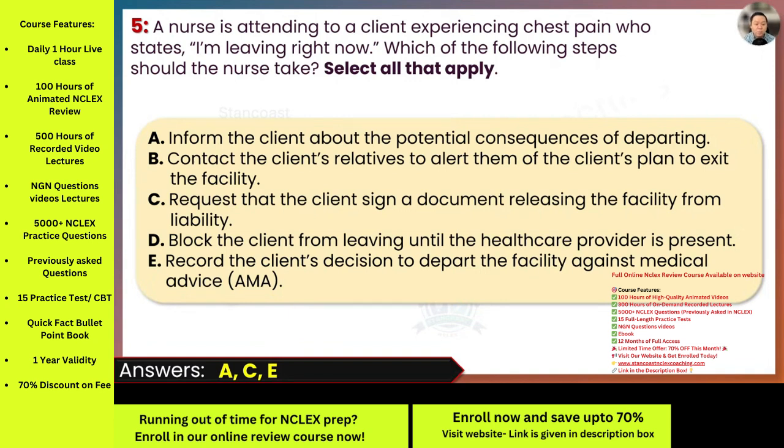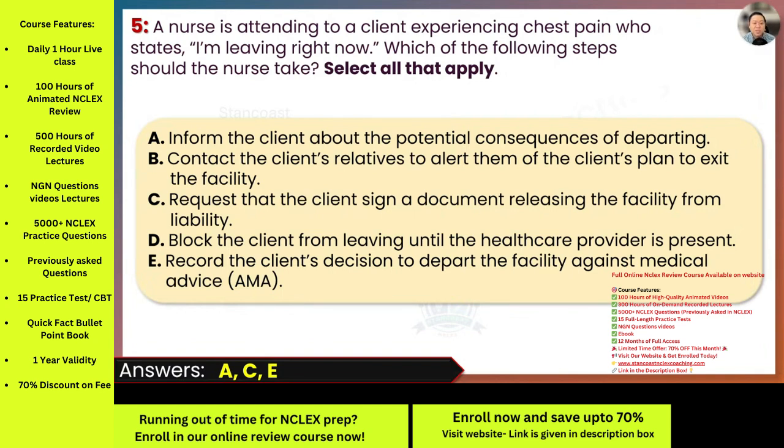Now, what about letter C? Why is this also correct? Well, this is what we call the Against Medical Advice form, or AMA form. This is going to protect the hospital from the legal responsibility if the patient's condition worsens after they leave. And the patient signing this form shows that they were alert, they're aware, and they made the decision voluntarily.